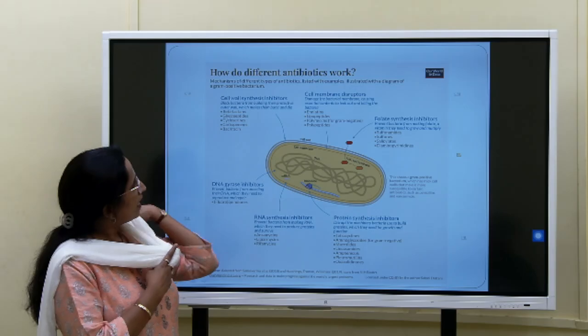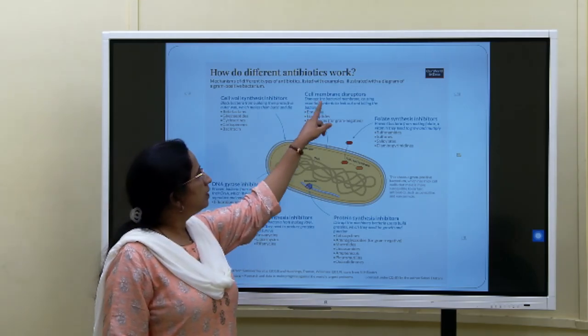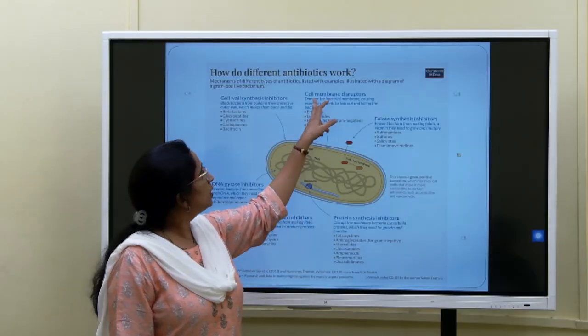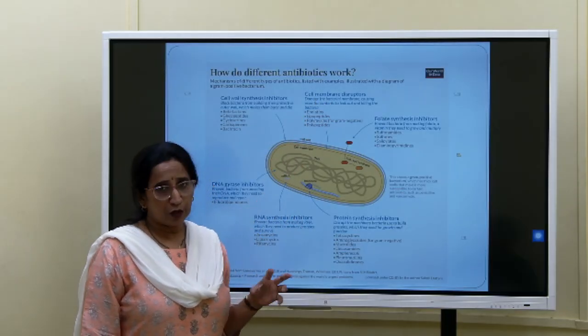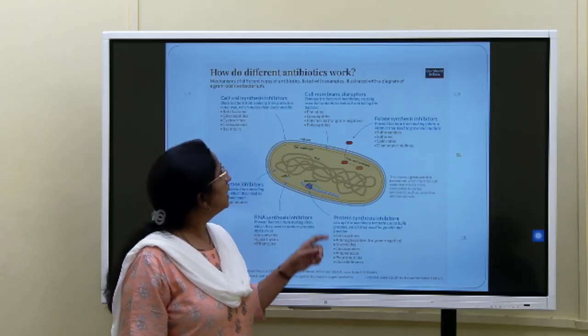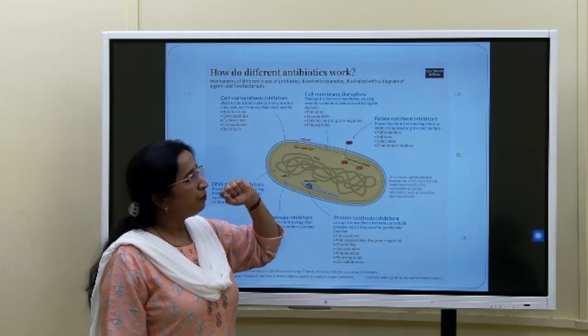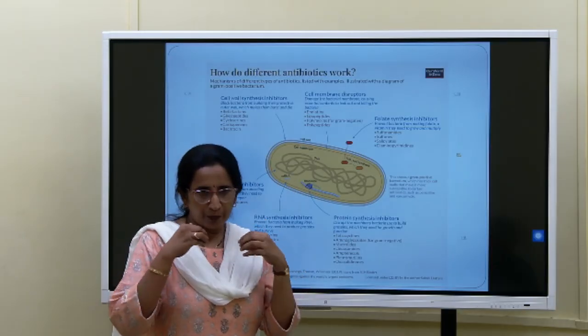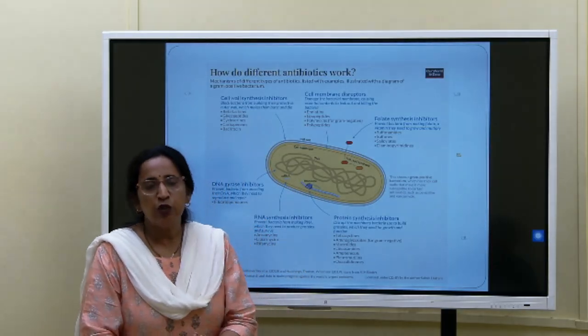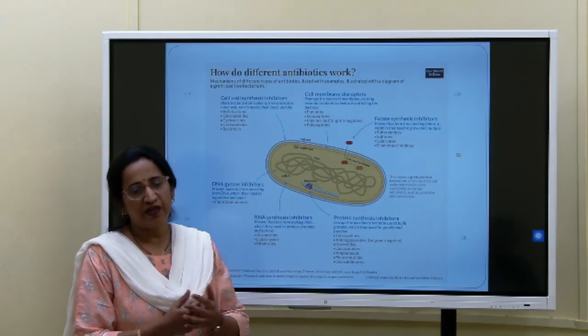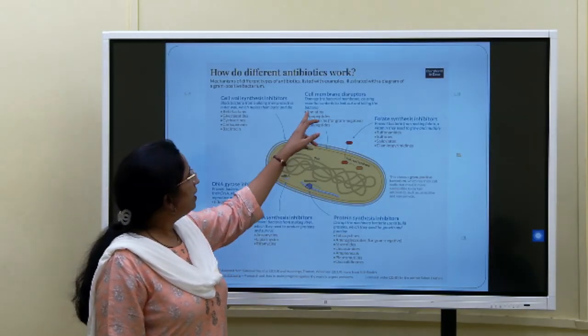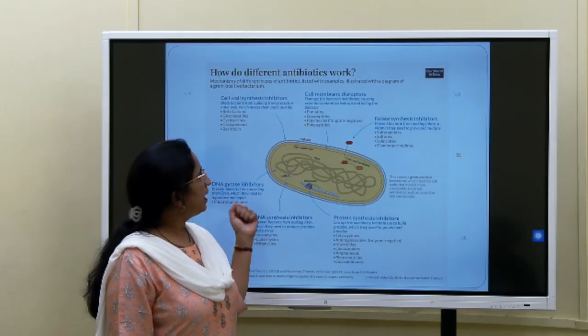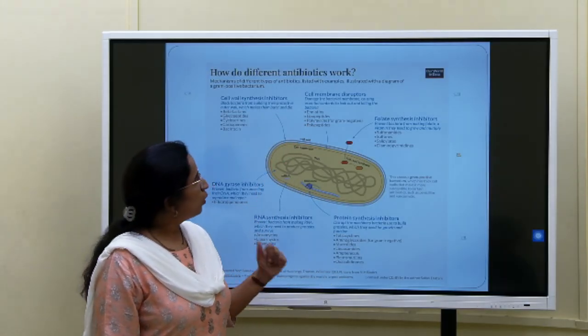Coming to the next group, that is antibiotics or antibacterials which damage the cell membrane or prevent cell membrane formation. So they damage the bacterial membrane, because of which the membrane will develop pores and all the essential cellular contents will come out, and obviously the bacterium will die. Under this you have examples like lipopeptides, polymyxins and polypeptides.